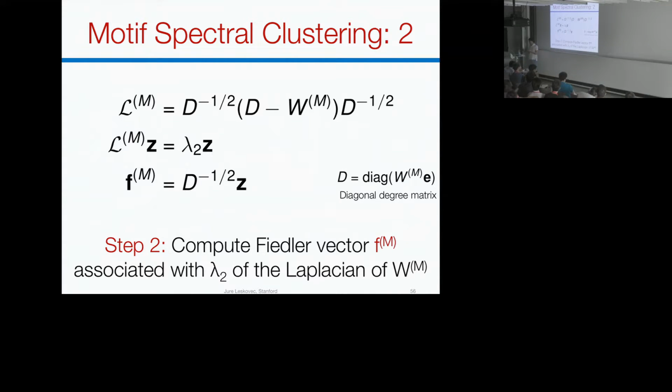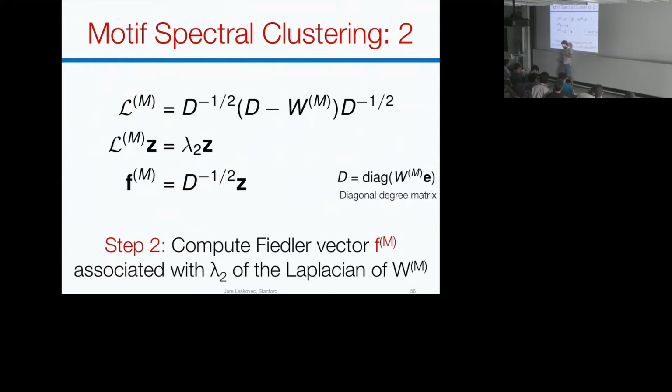This vector Z is called the Fiedler vector. And then I normalize it again with respect to the degrees of the nodes. So all I did is I took my graph, I created W, I slightly transformed it, and then I computed a particular eigenvector that goes together with a particular eigenvalue. Now I have this Fiedler vector F. The way you can think of it, the dimensionality of this vector is the number of nodes in the graph.